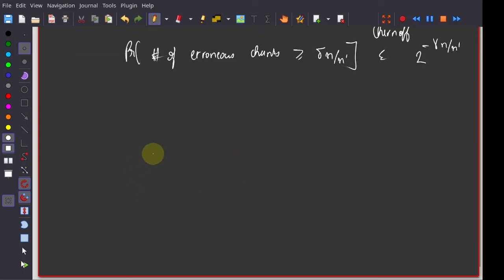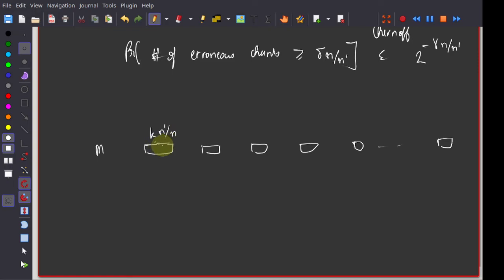Correct? So it would work the following way. You have the message. Think of the following: the k-bit message is split into chunks of size k n prime by n each.